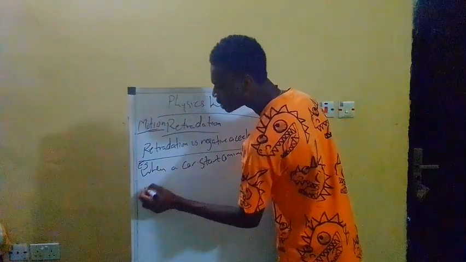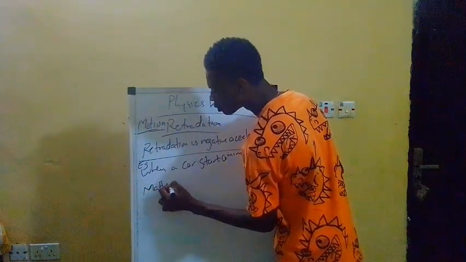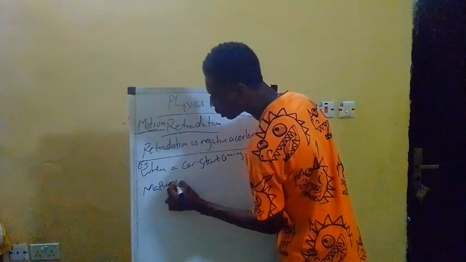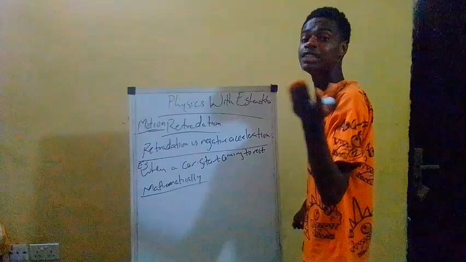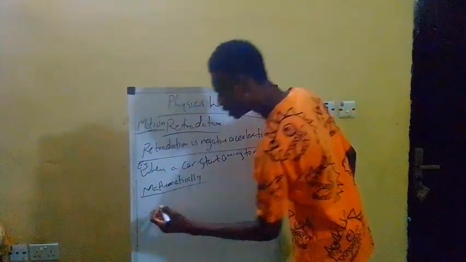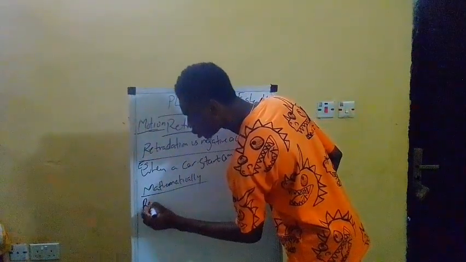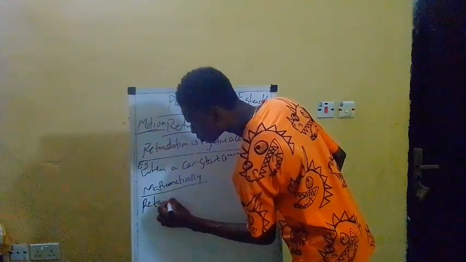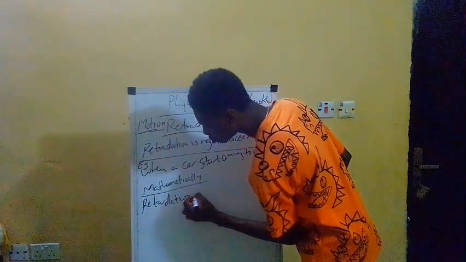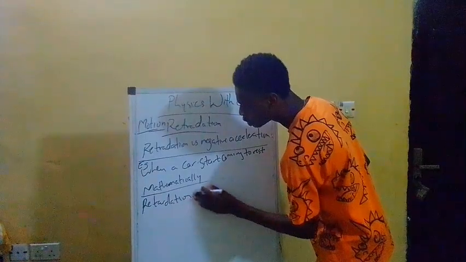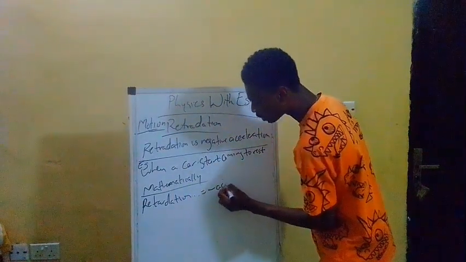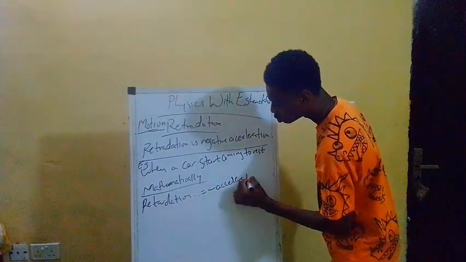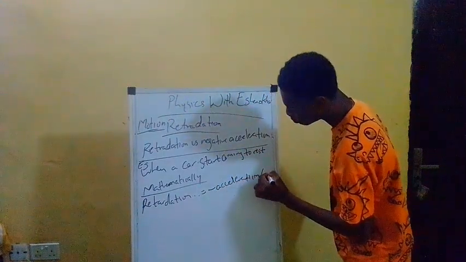Now let me write it mathematically. Retardation is basically negative acceleration. So retardation is equal to negative acceleration, that is minus a.